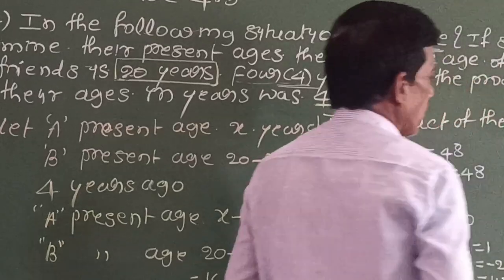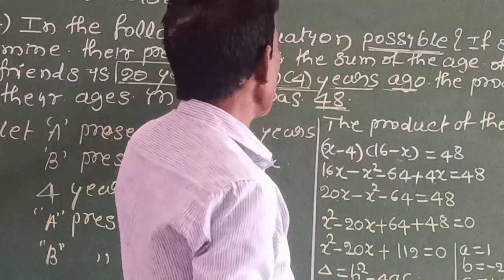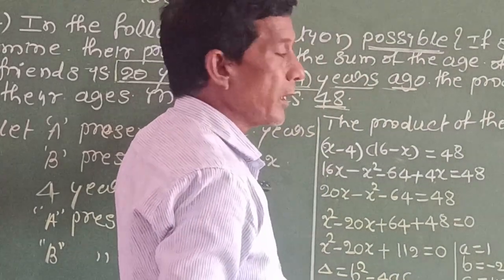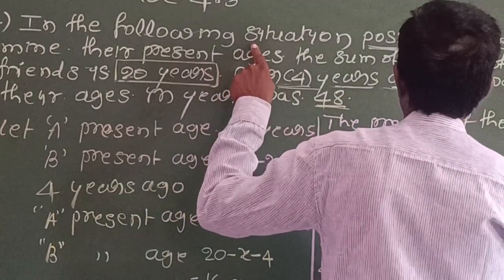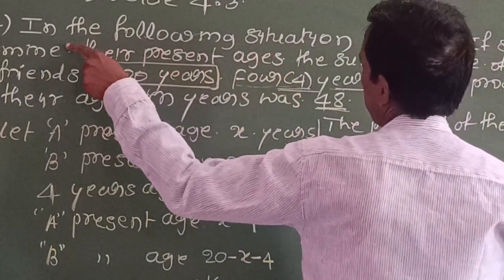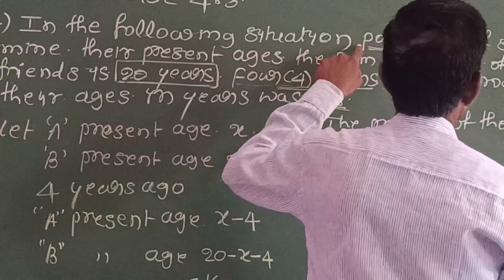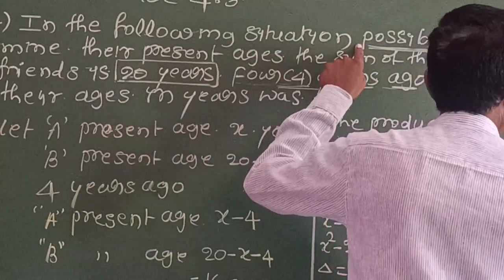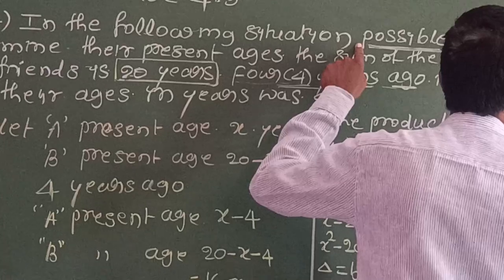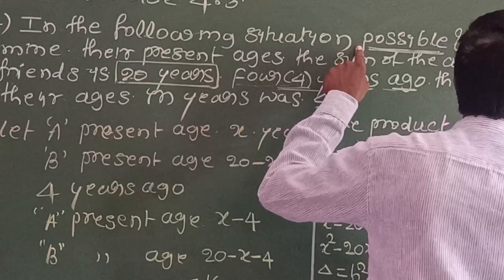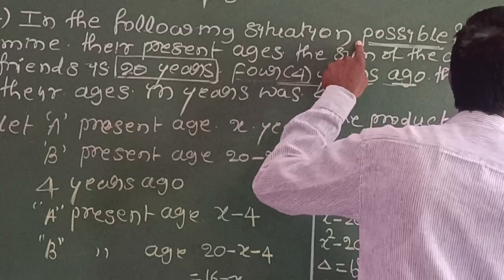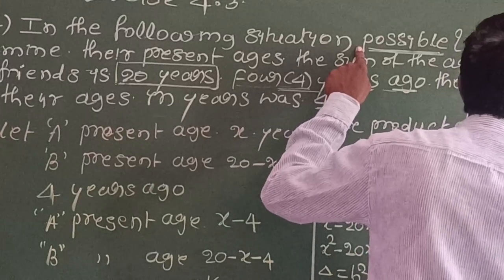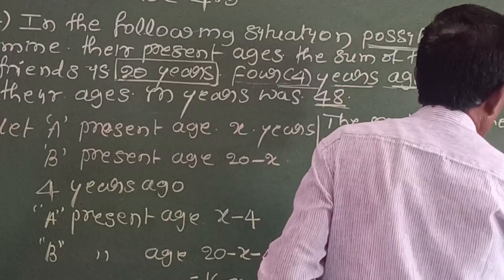Minus 48, are the solutions possible or impossible? Impossible solution is given in this situation. It is impossible because delta is less than 0, so no real roots, impossible.